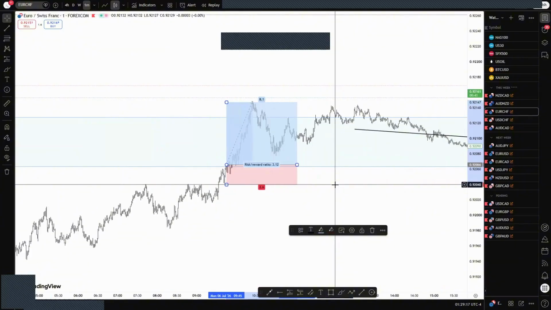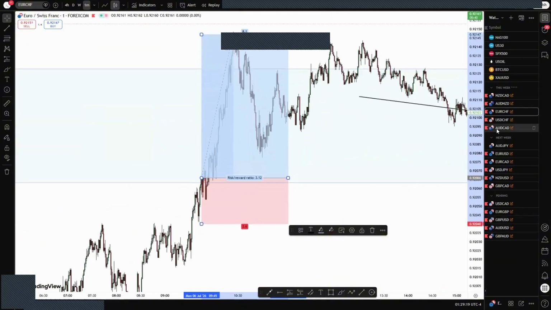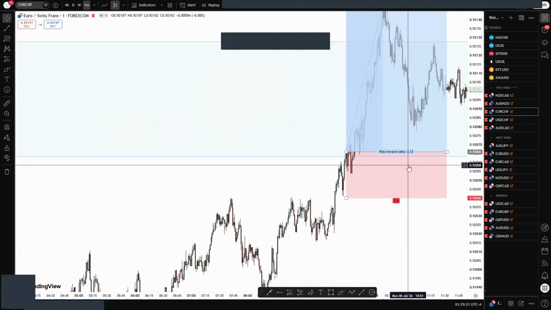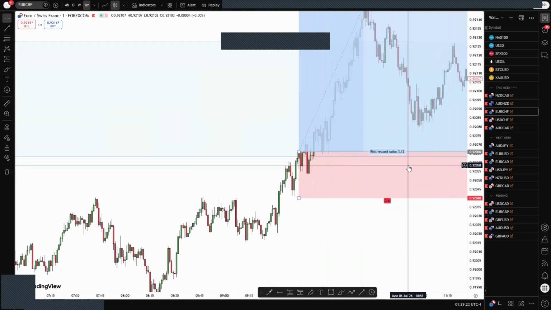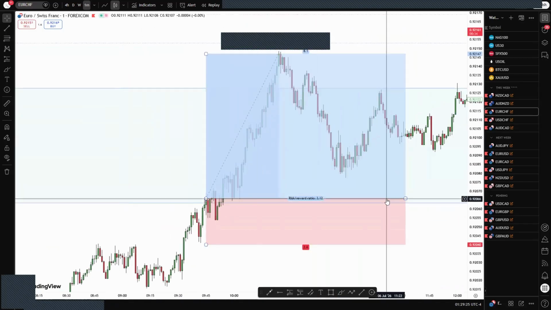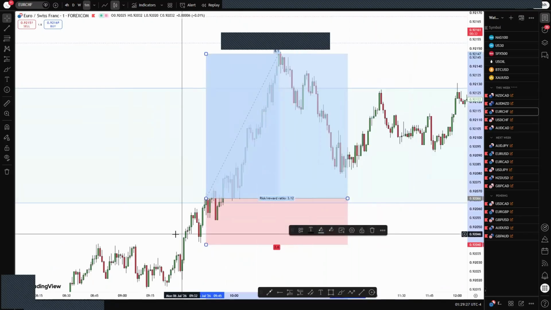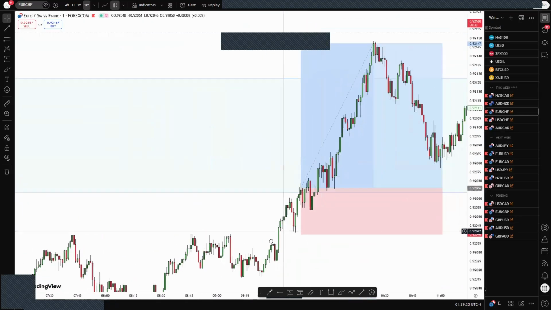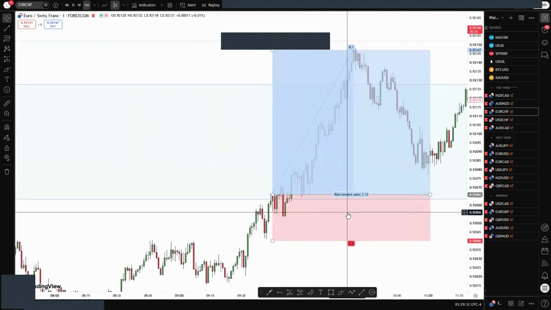That's one should see the entry and the time of the entry. So you can see how this thing went. So this is Euro CHF.